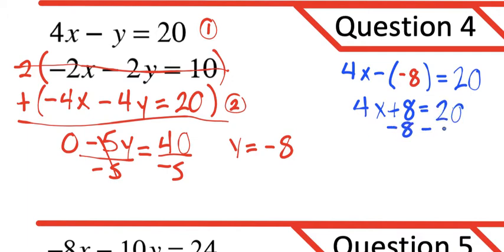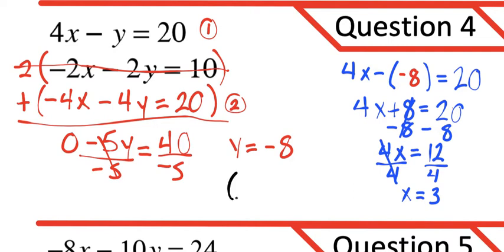Next, we're going to subtract 8 on both sides. We'll have 4x equals 12. And then finally, to get x by itself, we can divide each side by 4. And we will get that x equals 3. So the solution to this system of equations is going to be 3 comma negative 8.